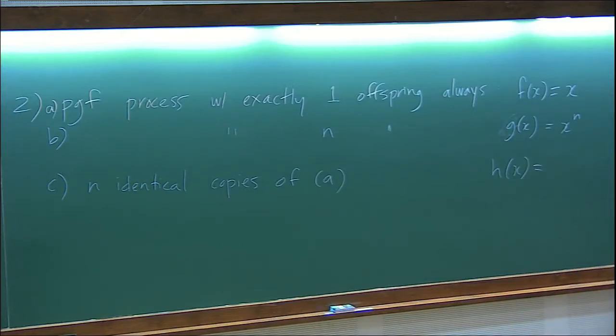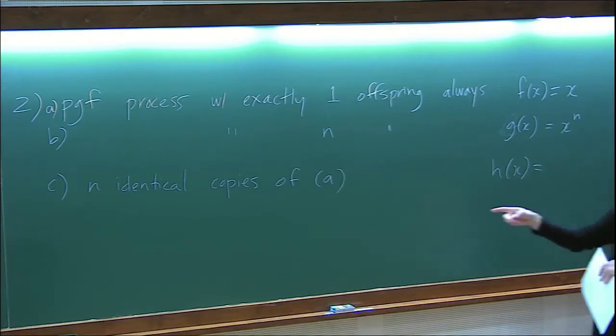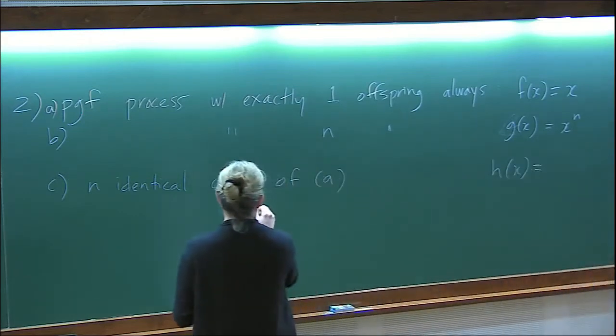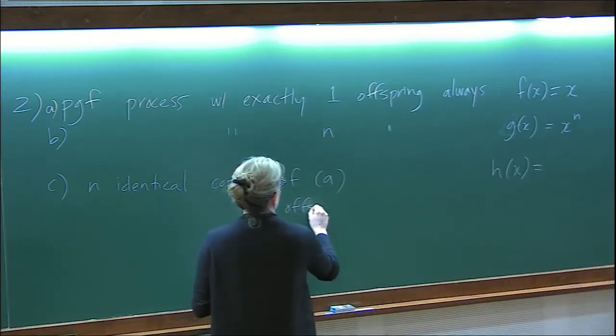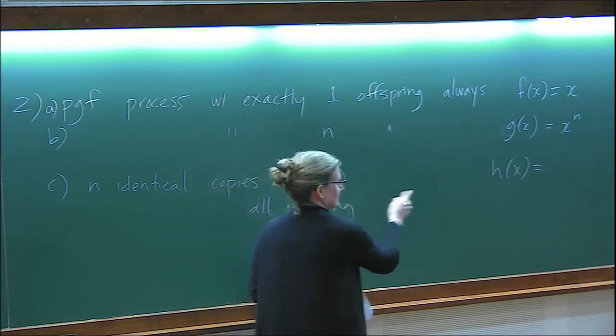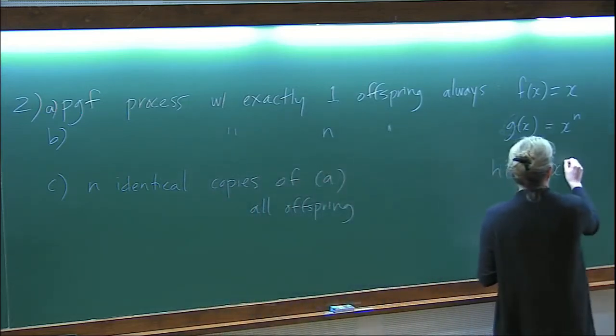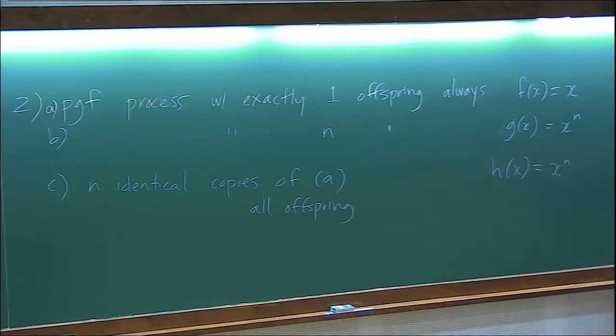We want the sum of all of the offspring. Yeah. It's also X to the N, right? Yeah, because it would be N copies of that. So these are the same.